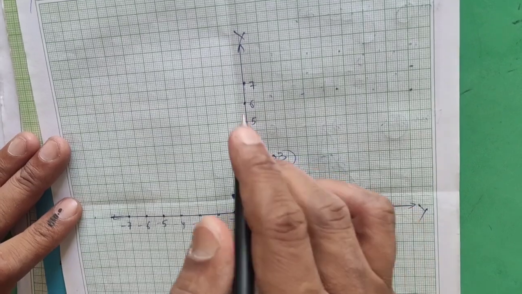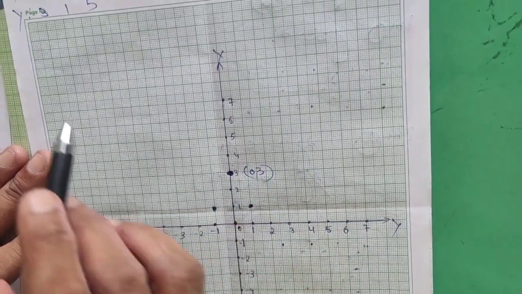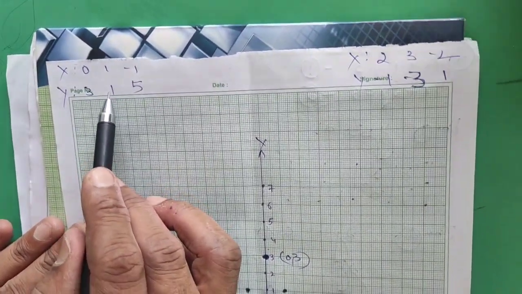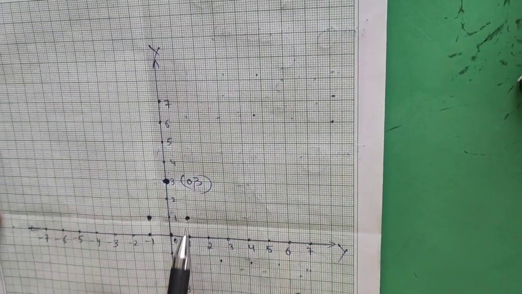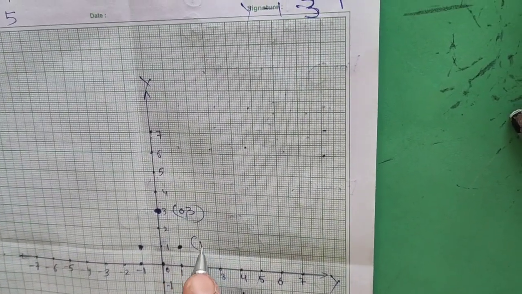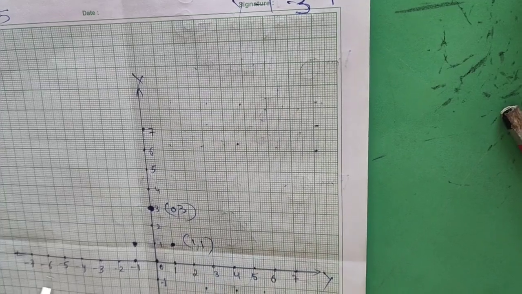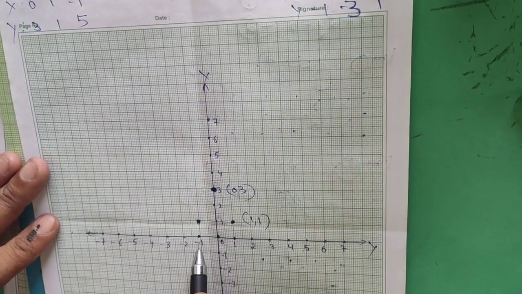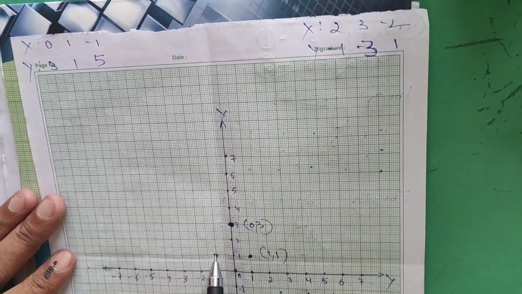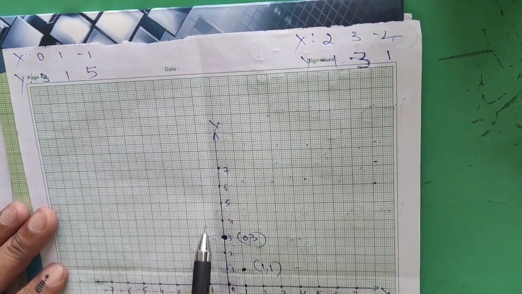Because on the y-axis, x is always 0. And the second point is 1, 1. X is 1 and y is also 1. So this point is here. Another point is minus 1, 5. X is minus 1 and y is 5. 1, 2, 3, 4, 5.